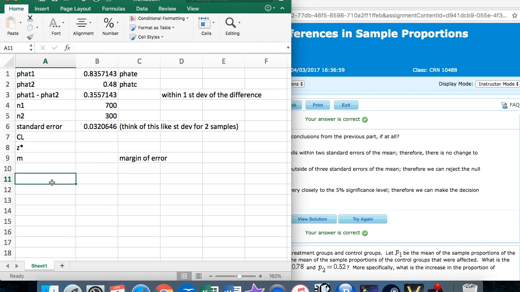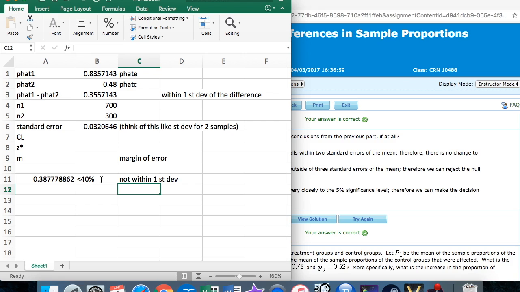So let's see, my p-hat 1 plus my standard error. Okay, 38, so not quite to the 40% yet, right? So this means it's not within 1 standard deviation.